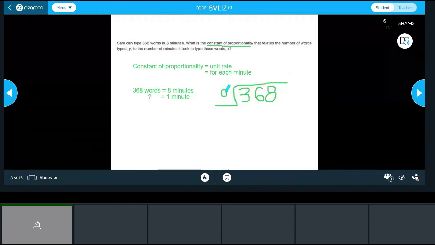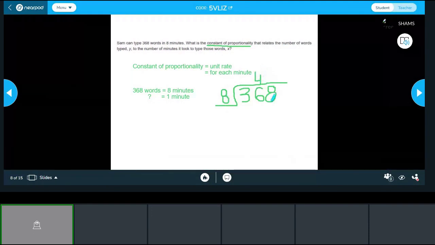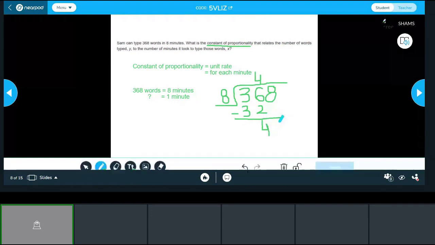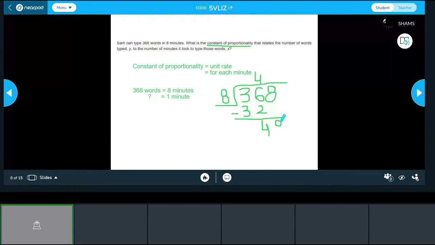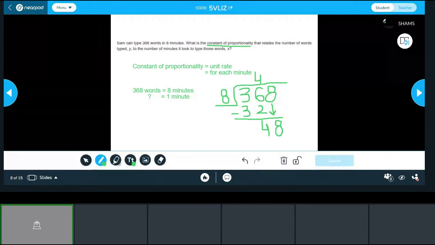How many 8s can go into 36? 4. And that is 32. With a remainder of 4. Then I have 48. How many 8s can go into 48? Right? How many 8s can go into 48? Think about it. 6 of them, right?